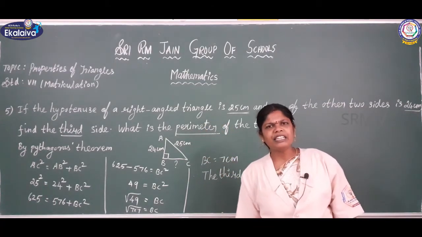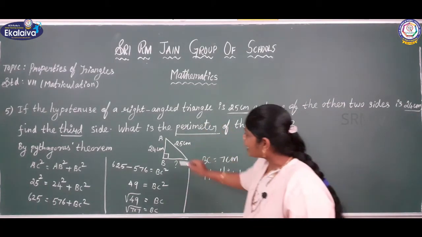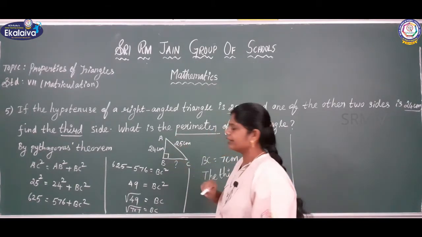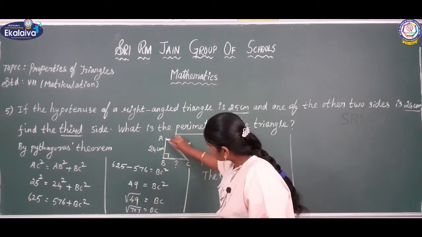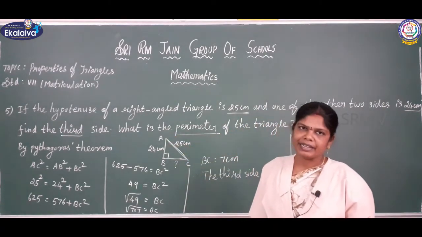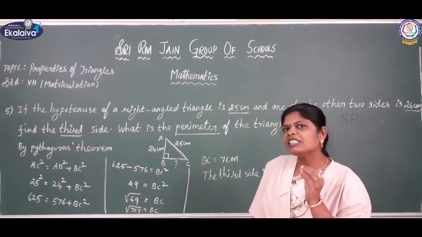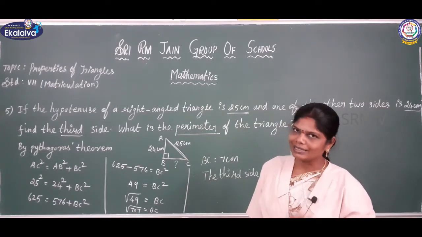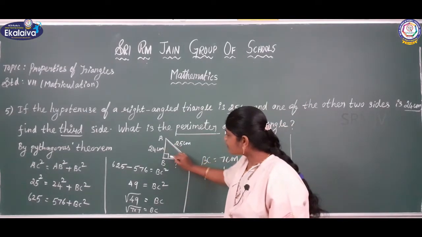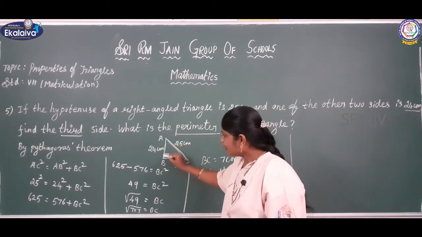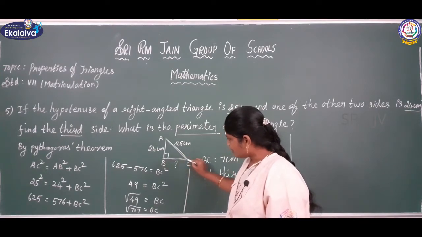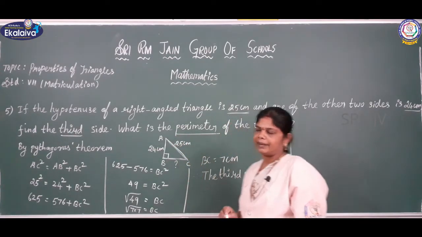So what is perimeter, children? The distance around the closed figure. The distance around the closed figure is called perimeter. So to find the perimeter, we need to add all the side values. Here how many sides are there, children? 3 sides are there. Just add AB plus BC plus AC. Okay.